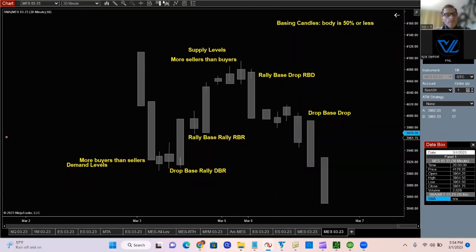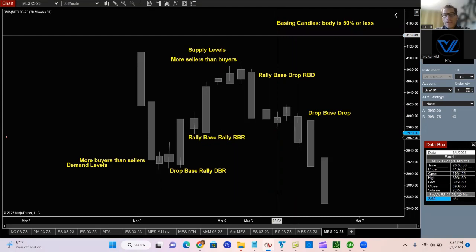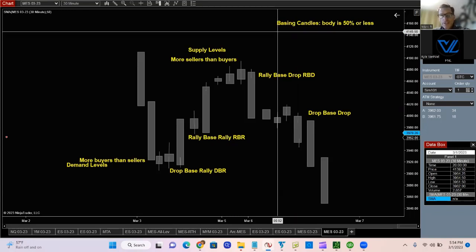And then you have what would be referred to as extended range candles. Extended range candle is a term we can use. So, an extended range candle, or a leg.